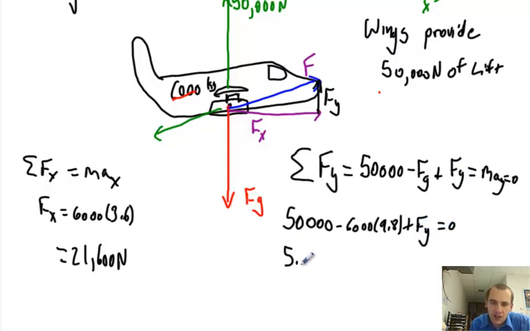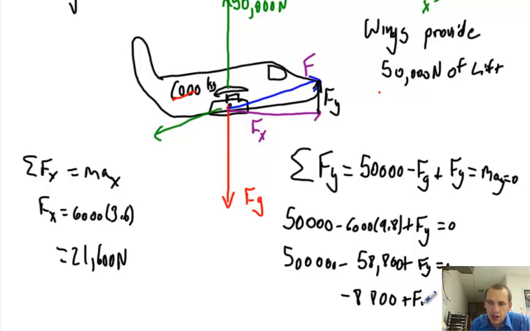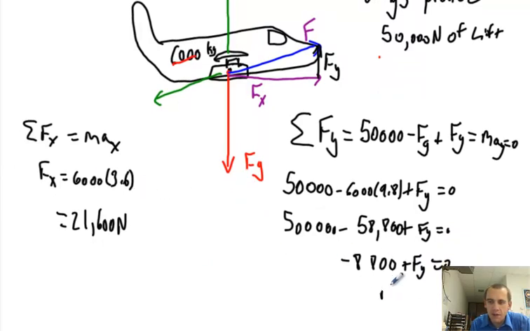Well, this is 50,000 minus 6,000 times 9.8, which is 58,800, plus Fy is equal to 0. So I can add these together, so I have negative 8,800 plus Fy equals 0. So I end up with Fy equals 8,800 newtons.